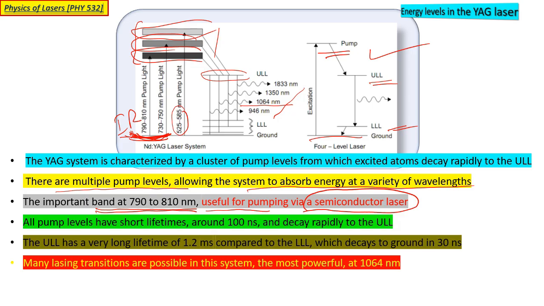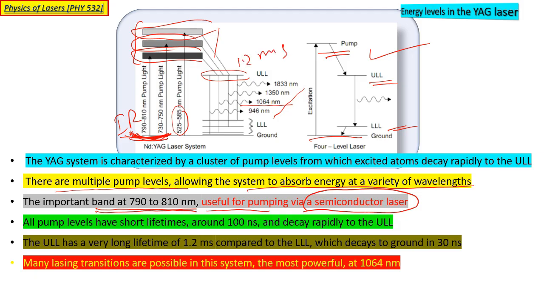So all the pump levels have a short lifetime, so atoms immediately decay to the ULL. Here the pump level lifetime is around 100 nanosecond, and they decay rapidly to the ULL. The ULL has a longer lifetime, that is 1.2 millisecond.